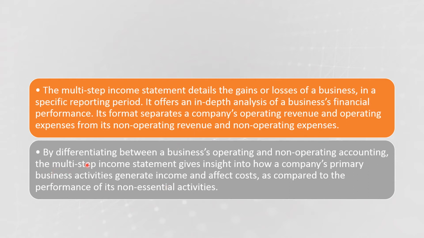By differentiating between a business's operating and non-operating accounting, the multi-step income statement gives insight into how a company's primary business activities generate income and affect costs as compared to the performance of its non-essential activities.